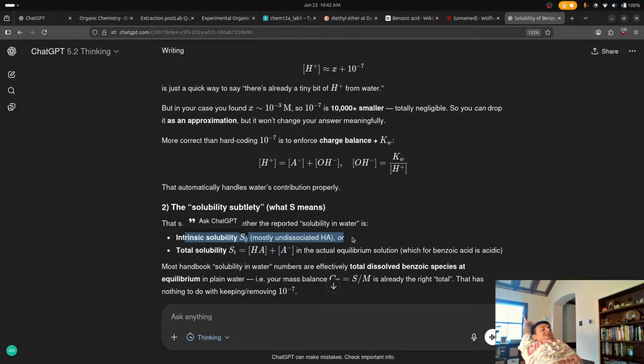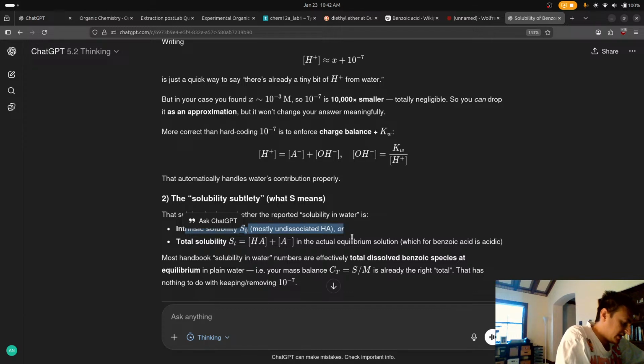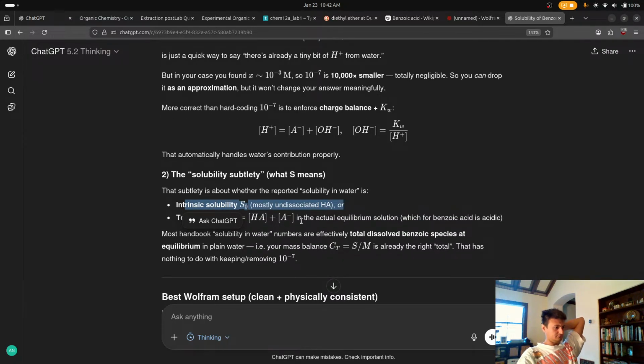Oh, that makes it more confusing. Sometimes SBA could be equal to the concentration of HA and A minus. I see. Most handbook solubility in water numbers are effectively total dissolved benzoic species at equilibrium in plain water. Your mass balance is already the right.